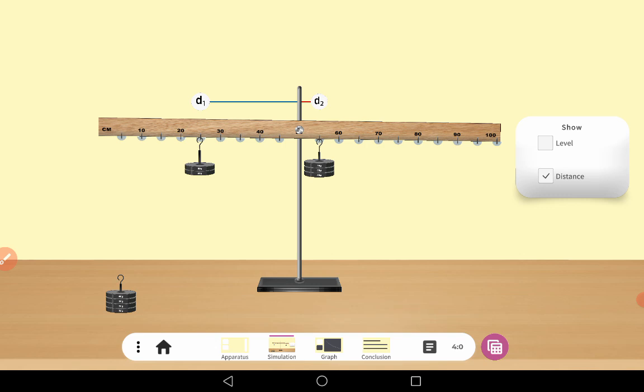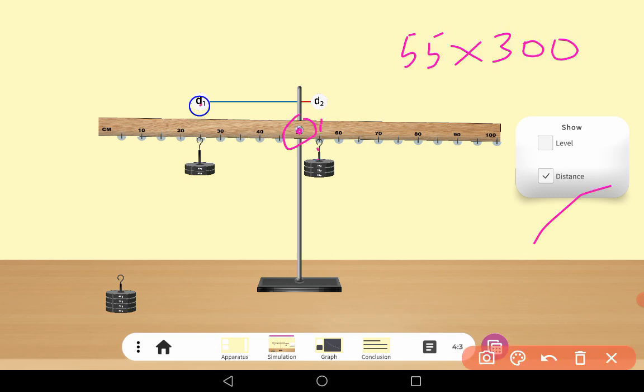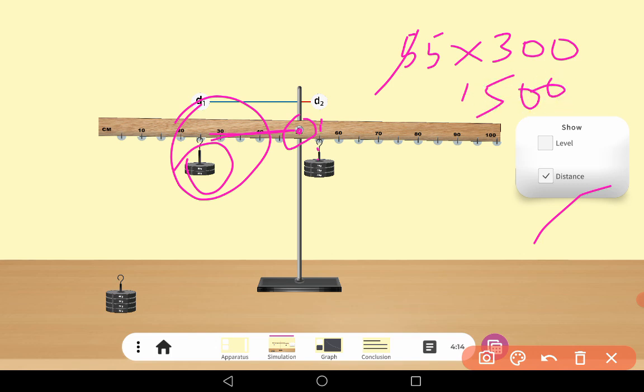Okay, you do the same on this side: take this distance multiplied by this mass. It should be the same. This is not 55, it's just 5. So 1,500. Here, this appears to be 200.